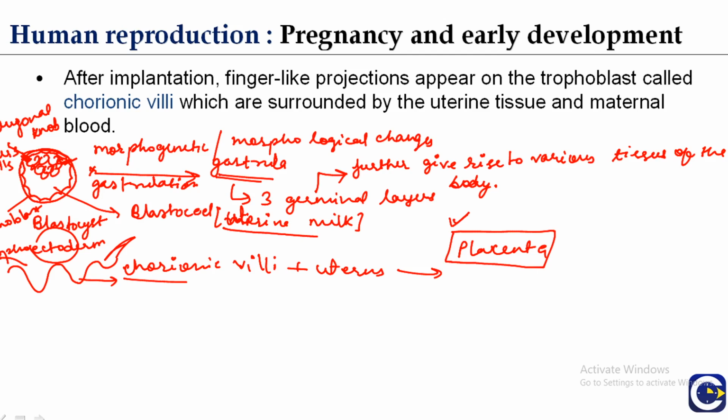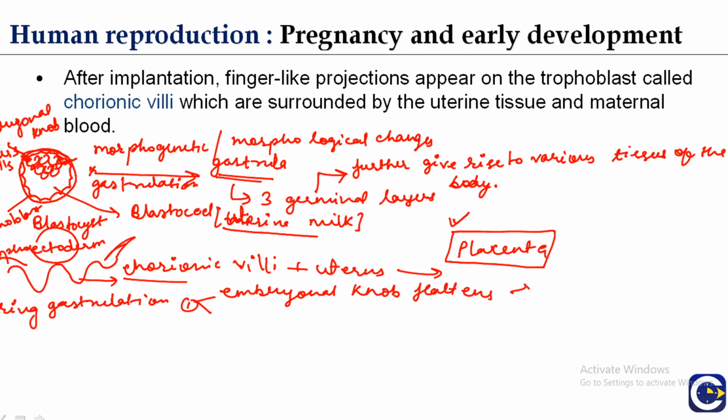So during the process of gastrulation, there are two major changes. What are these changes? Number one, this embryonal knob flattens and is arranged in a layer.